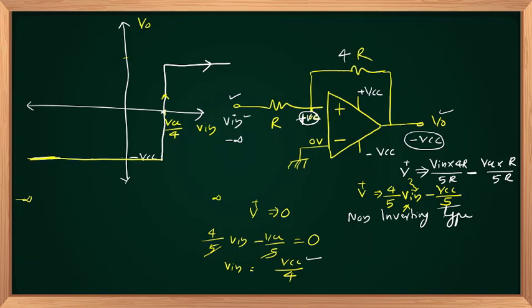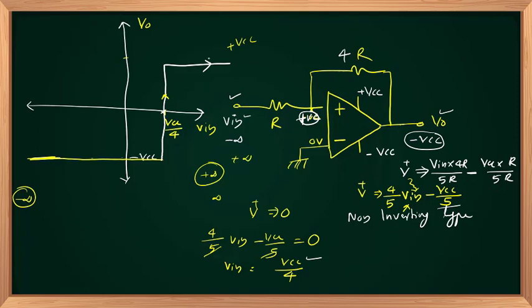So let us move our V in from plus infinity to minus infinity, the other way. Because the Schmitt trigger circuit has memory, its new value of output will depend not only on V in but also on the initial value of V out. So if initial output is at plus VCC, and we are moving from plus infinity to minus infinity, let us see what will happen.